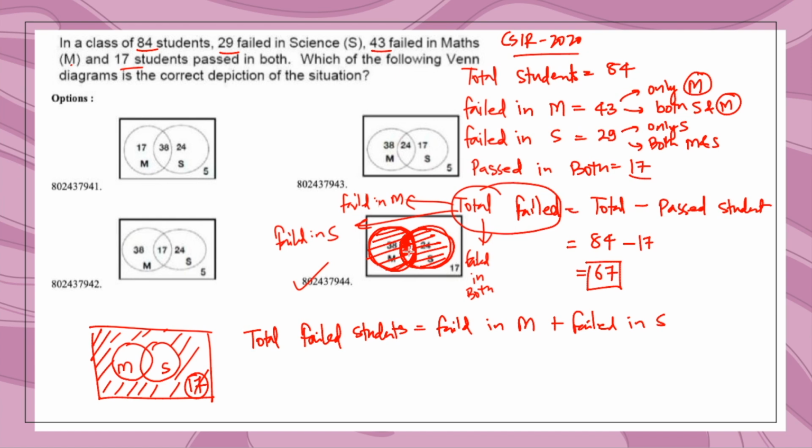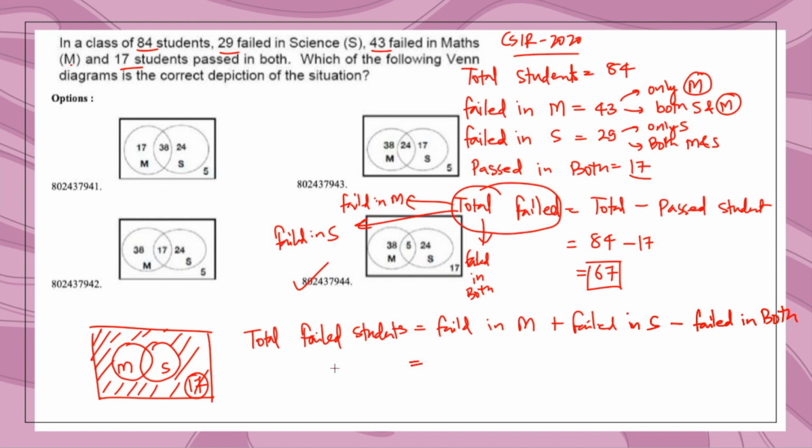So the central portion got added two times. So that's why you have to subtract that. So minus what? Those who failed in both.